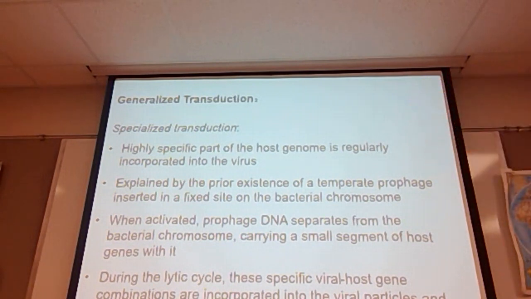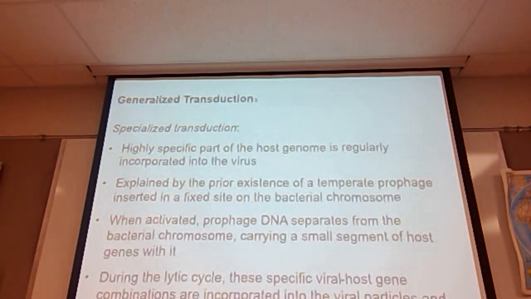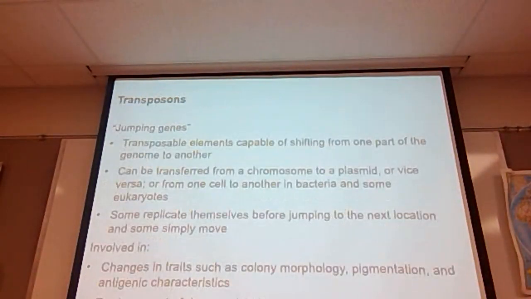During the lytic cycle, specific viral host gene combinations are incorporated into the viral particles and carried to another bacterial cell. So basically, in generalized transduction, just any piece of DNA can be picked up and taken into the bacteriophage. In specialized transduction, very specific parts of the DNA have to be picked up.